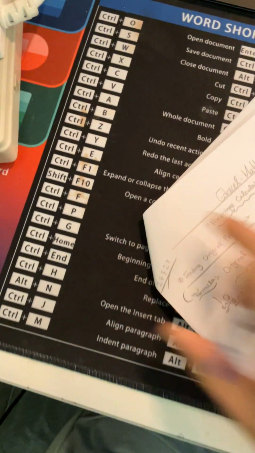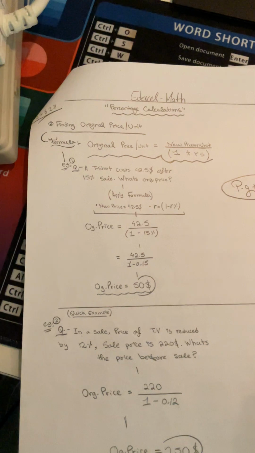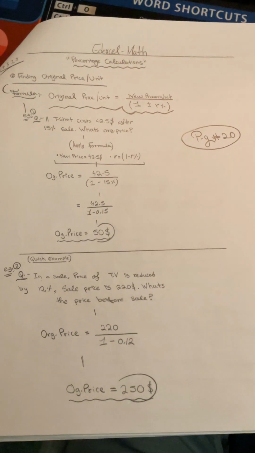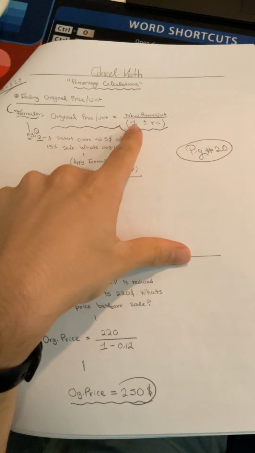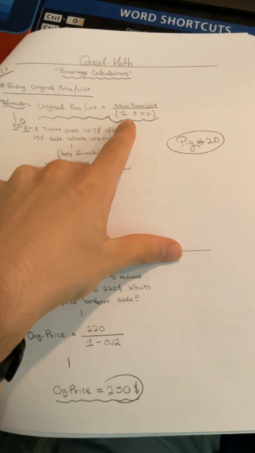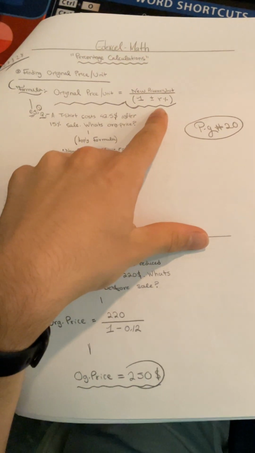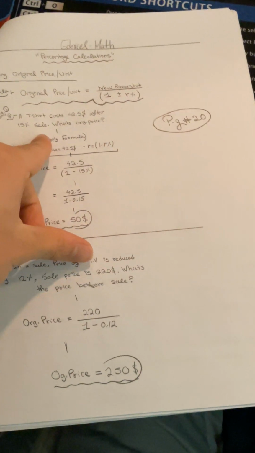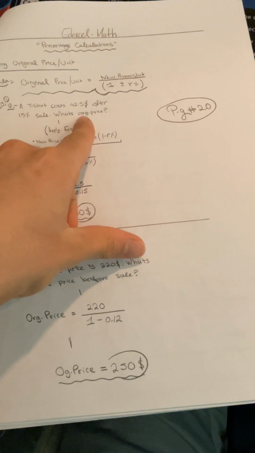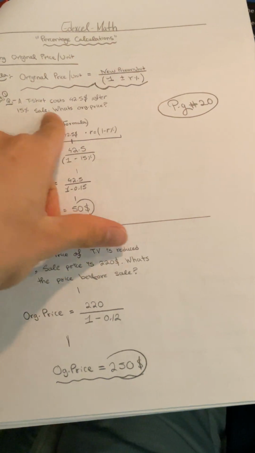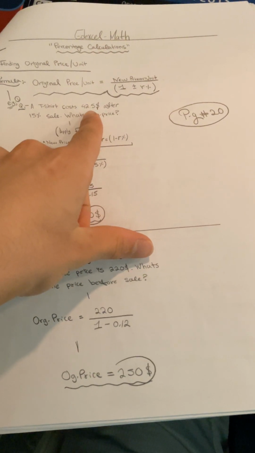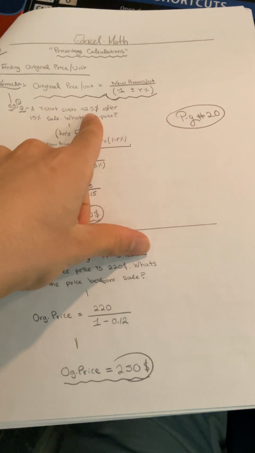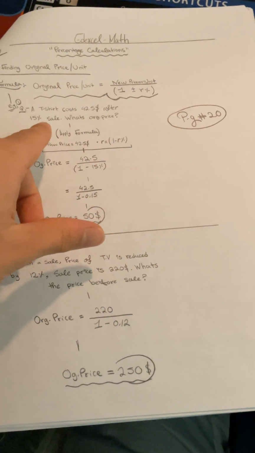Okay. Now let's have a look at how to calculate the original price or units. The formula is: original price is equal to new price divided by 1 plus or minus the r percentage rate. Let's have a quick example. A t-shirt costs $42.5 after a 15% sale. What is the original price? So the new price is 42.5, which is after this much sale.